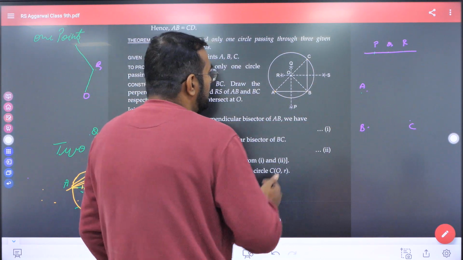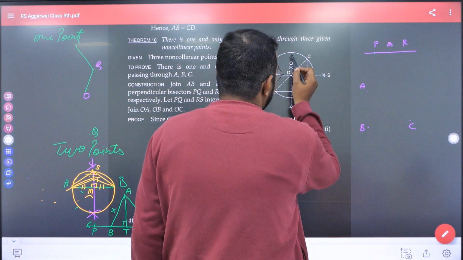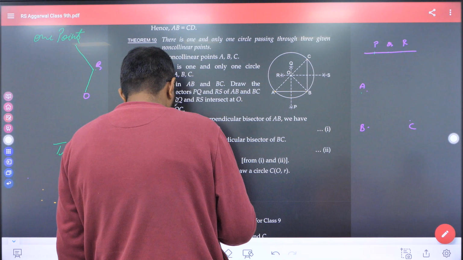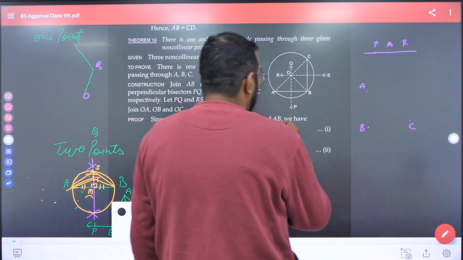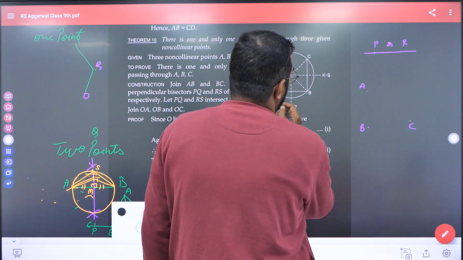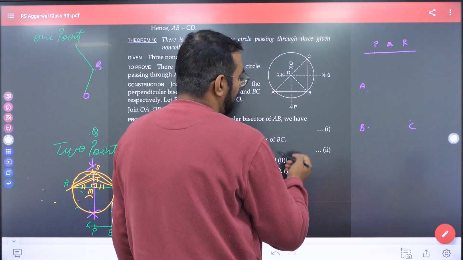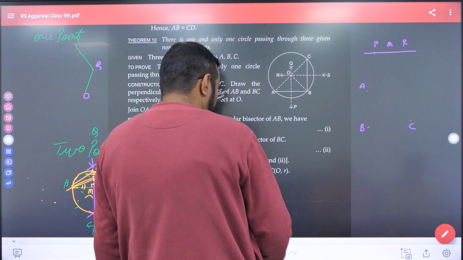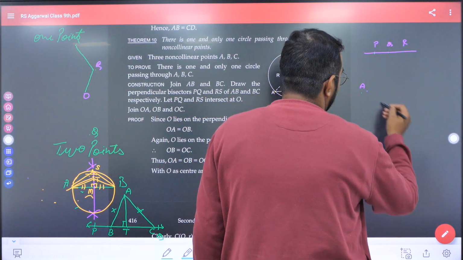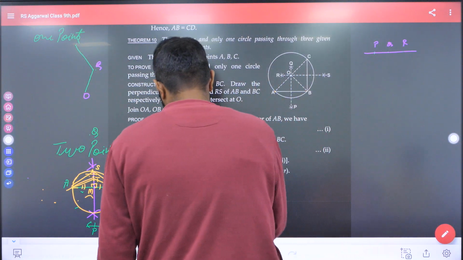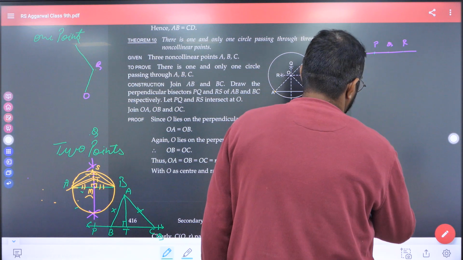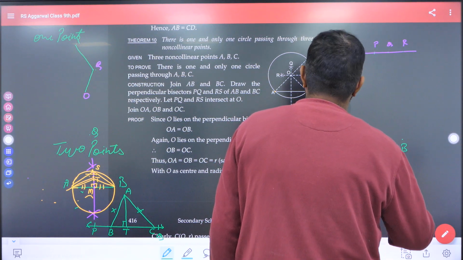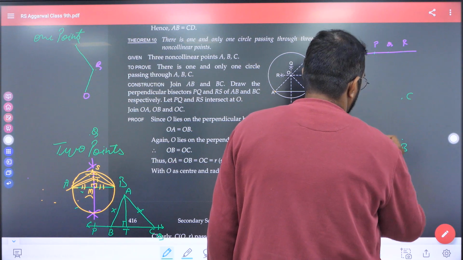So first, draw the perpendicular bisector of AB. We have 3 non-collinear points A, B, and C, like this.